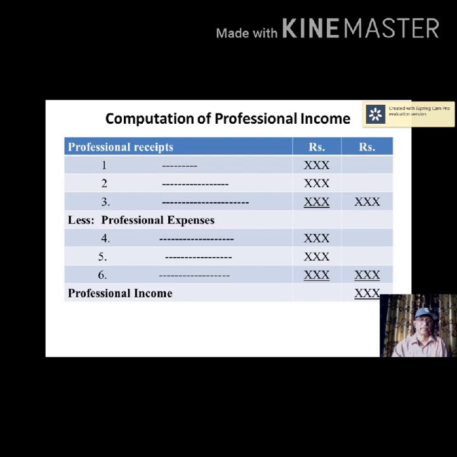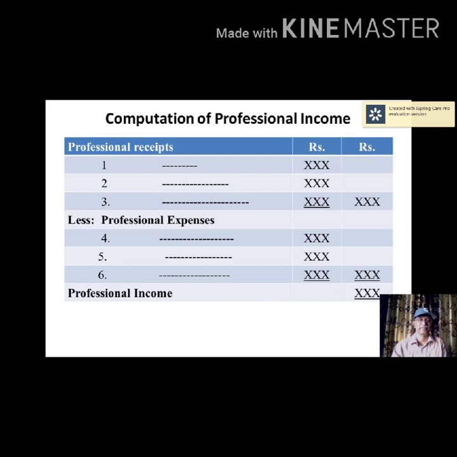So for computing business income, the profit and loss account, which is prepared by the financial accountant, is considered. As a person computing business income, you consider net profit as shown by the profit and loss account, and that will be taken as the starting point. So that's about computation of business income, which you have already learned.